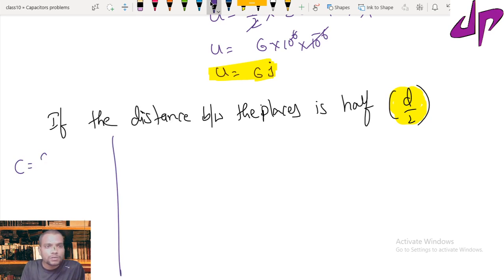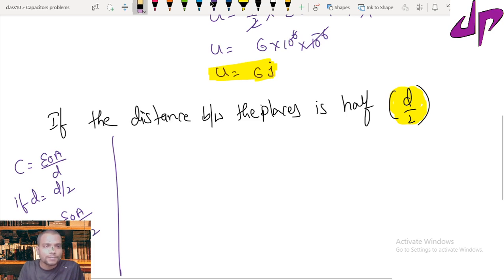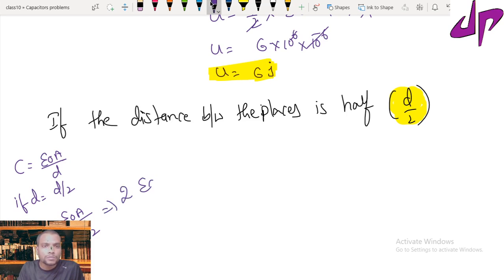Capacitance of a capacitor C equals epsilon naught A upon d. If d becomes d by 2, the new capacitance C dash equals epsilon naught A upon d by 2. That implies I can take the 2 to the numerator: 2 times epsilon naught A upon d.